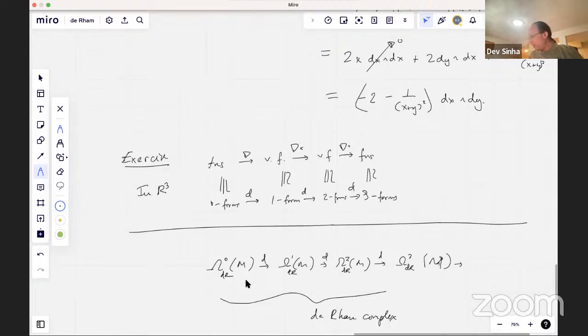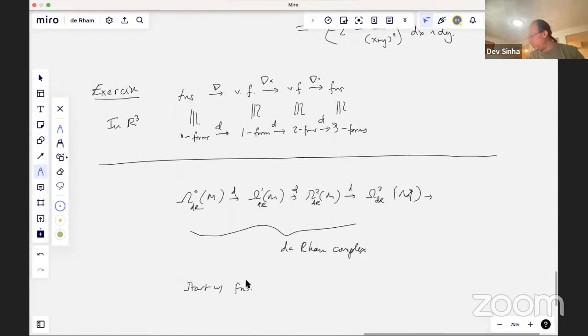And again, all we're going to do for Rn especially, we just start with functions, and then take the exterior derivative and wedge product, and we get all this structure.